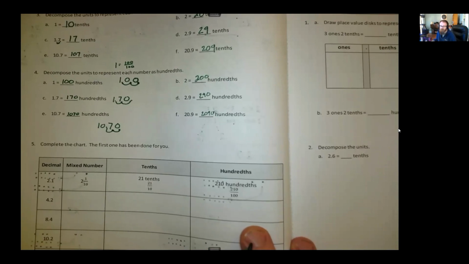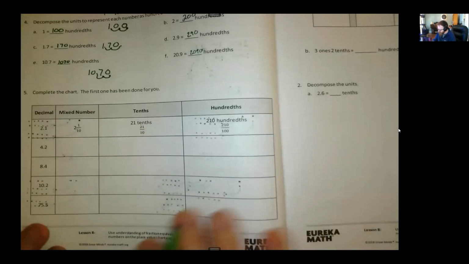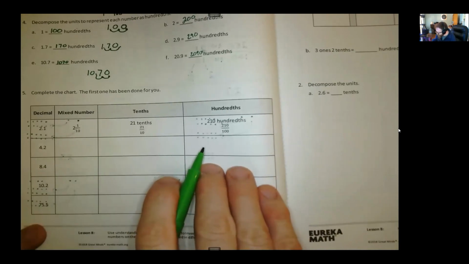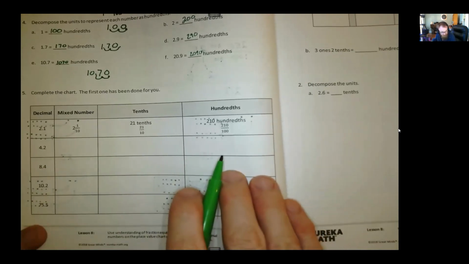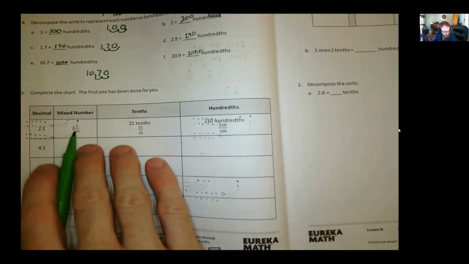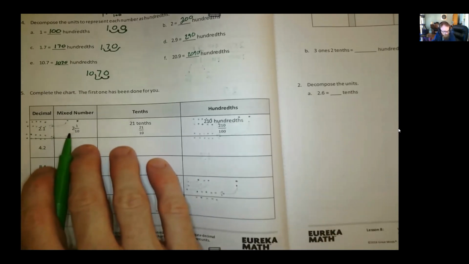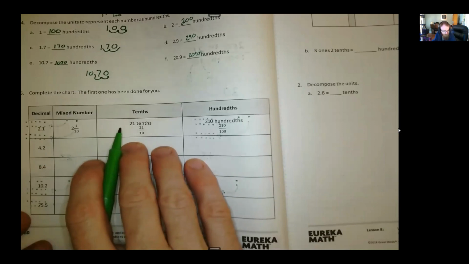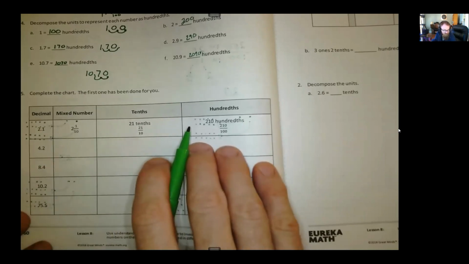Please make sure your paper looks like mine. And at the bottom, we're completing this chart, and we just have 4 different ways that we can show the same value. 2.1, 2 and 1/10, written 2 different ways in tenths and 2 different ways in hundredths.